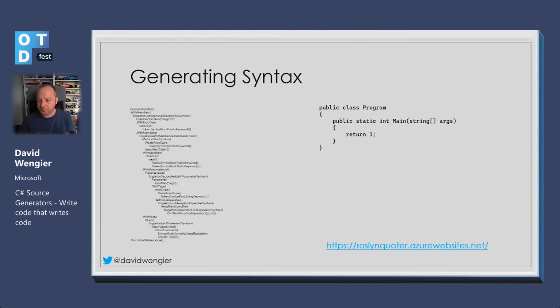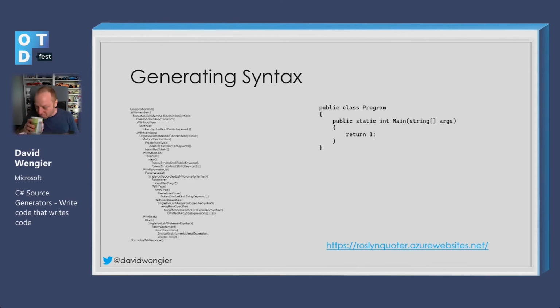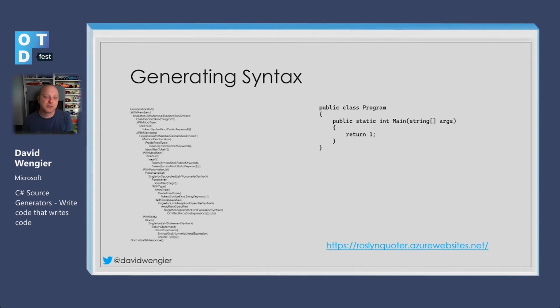There's a class in Roslyn called a syntax factory, and a syntax factory has the ability to generate code in any language that Roslyn supports, which is only C# and VB. And of course, source generators are only a C# feature, so you're really only ever generating C#, at least at the moment.